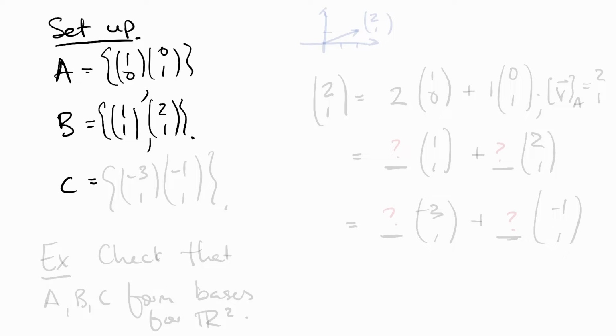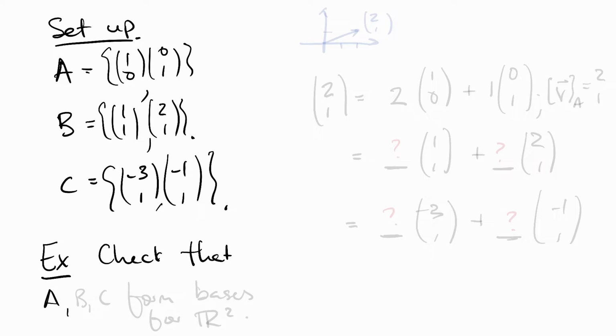Here's a third, (-3, 1), (-1, 1). Here's an exercise for you. Check that A, B, and C form bases for R2. All right, let's check out this vector here.